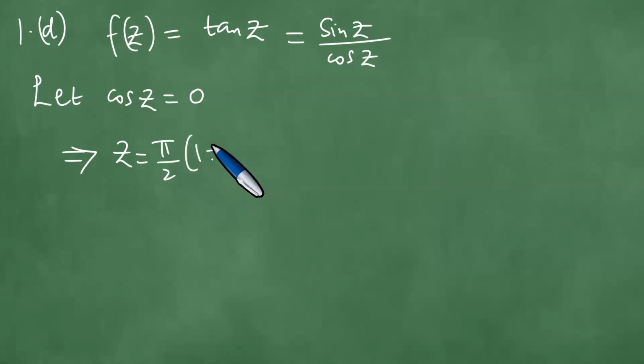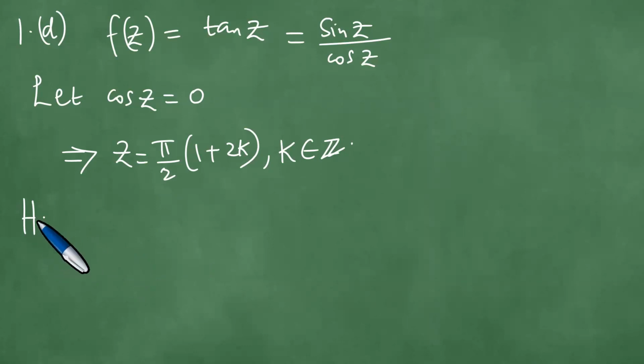So it is pi over 2 into 2k, where k is an element of Z. So this is what we get as the solutions to this problem. Which means z is pi over 2 into 1 plus 2k, where k is an element of Z.